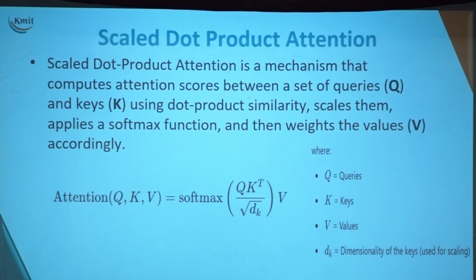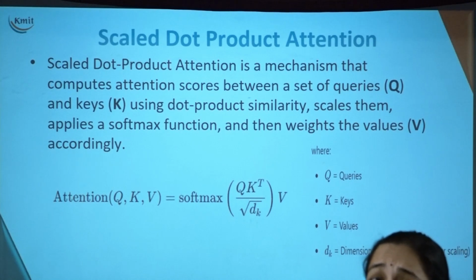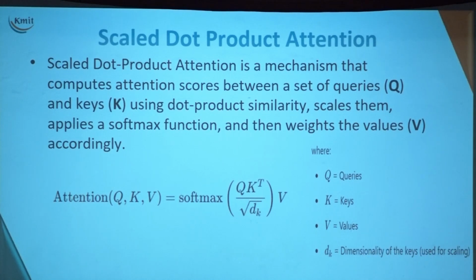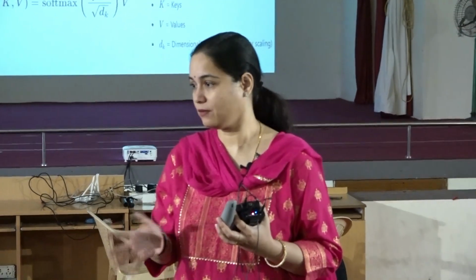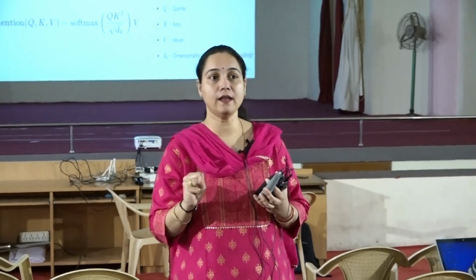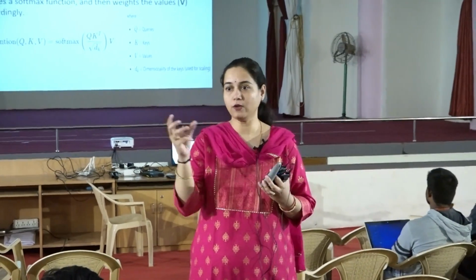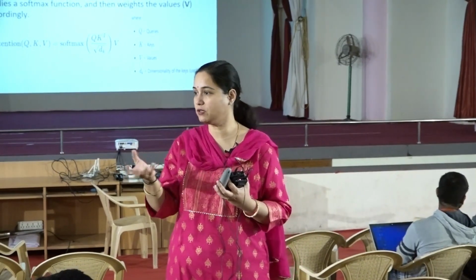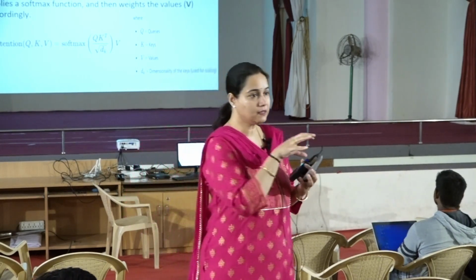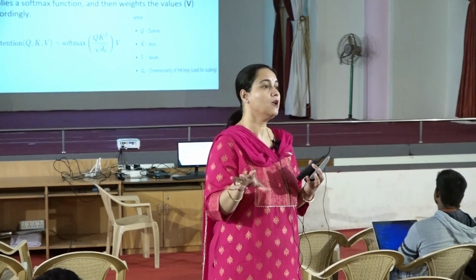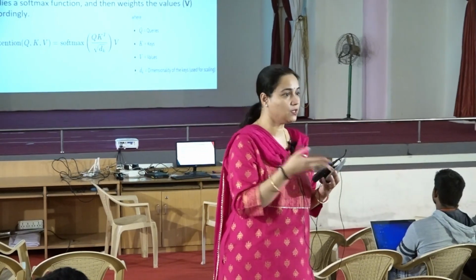Now, it does not end here. If you calculate the attention mechanism, what it gives is a rough generalized logit. When you multiply it with value, it gives you a rough generalized logit. But what you require is a probability range, and the range of probability is from 0 to 1.